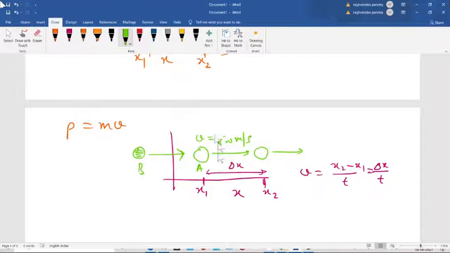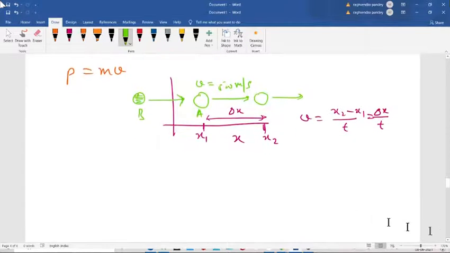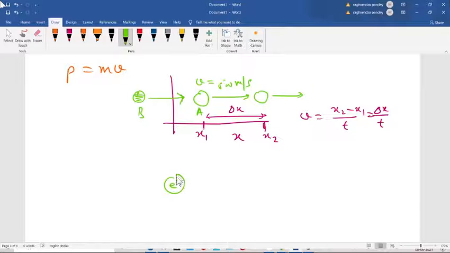We cannot measure the exact velocity, because whenever the photon strikes the electron, suppose the electron is traveling in this direction with 100 meters per second, and the photon is coming in this direction, and here the collision occurs between these two.